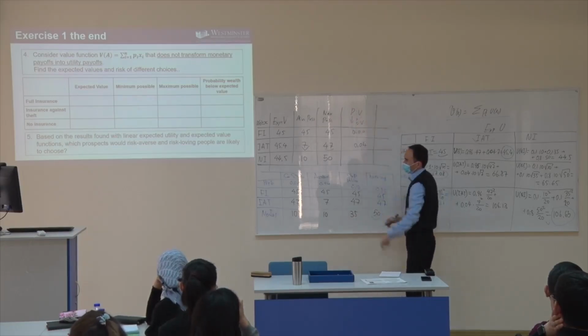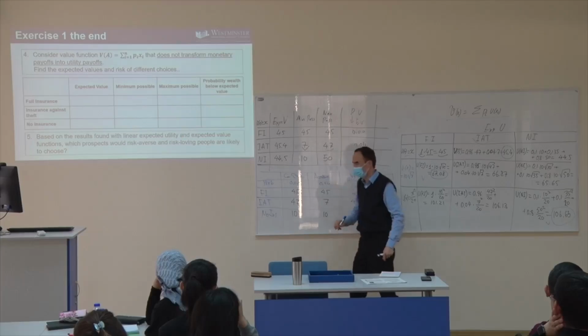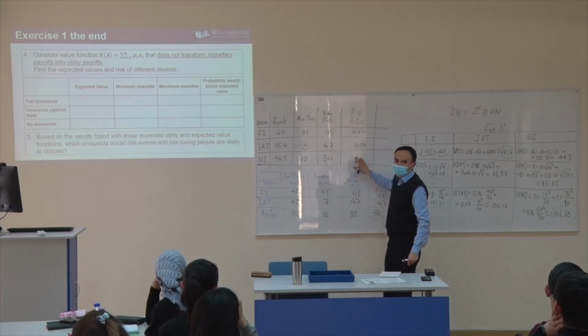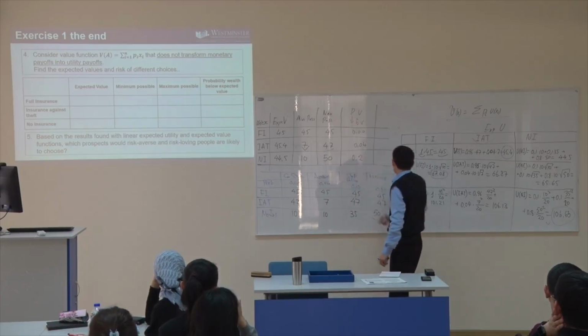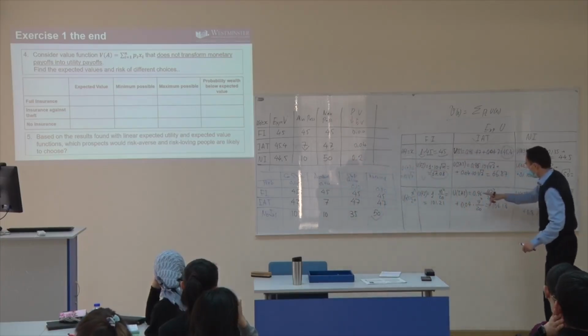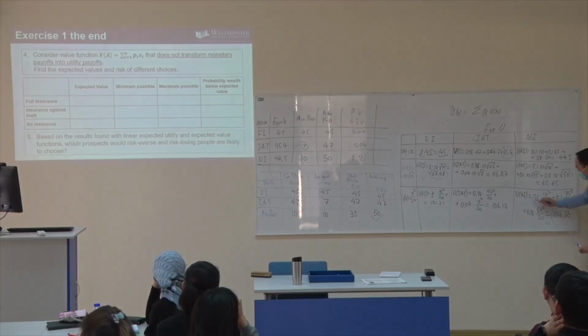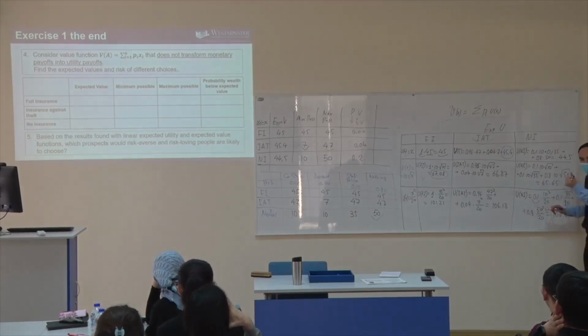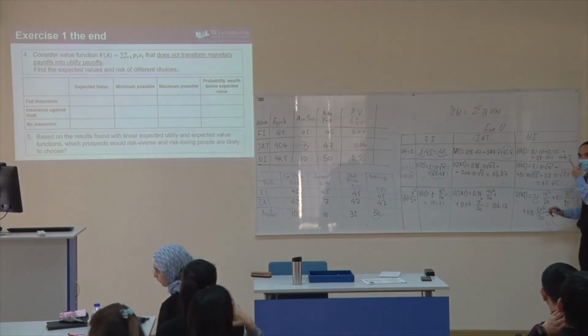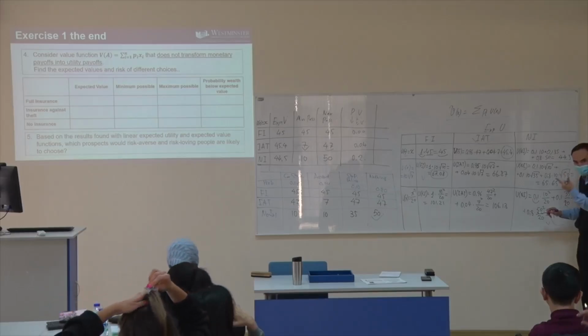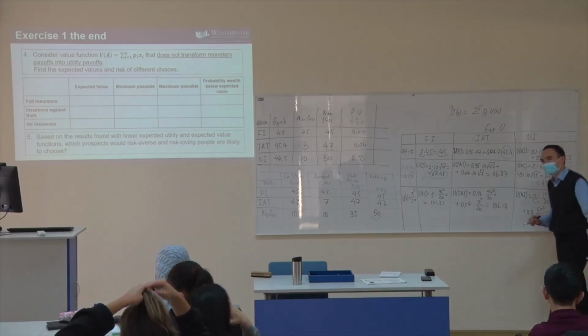And the last one, in the case of no insurance, it's going to be 20%. Why? In this case we have 6% of the car being stolen, 4% of the car being in an accident, and stopped by a police.